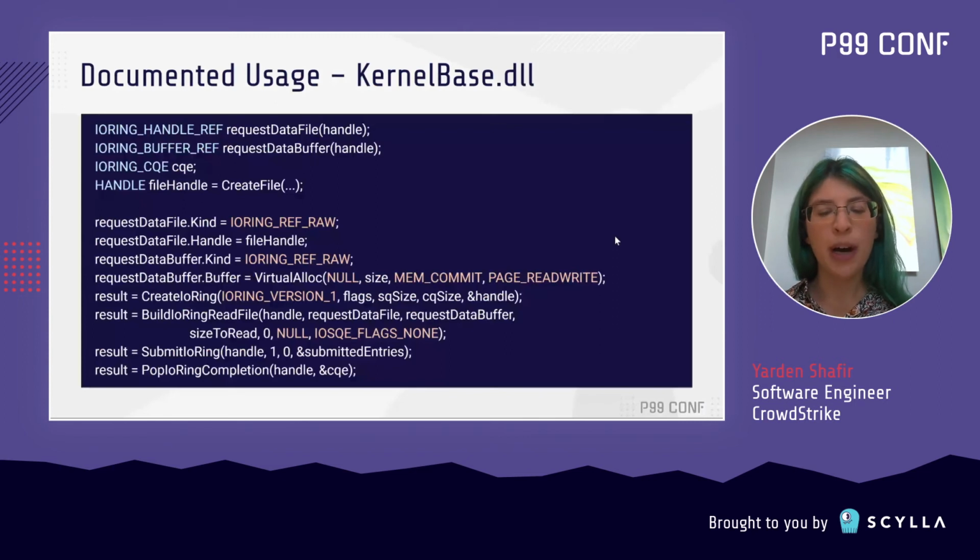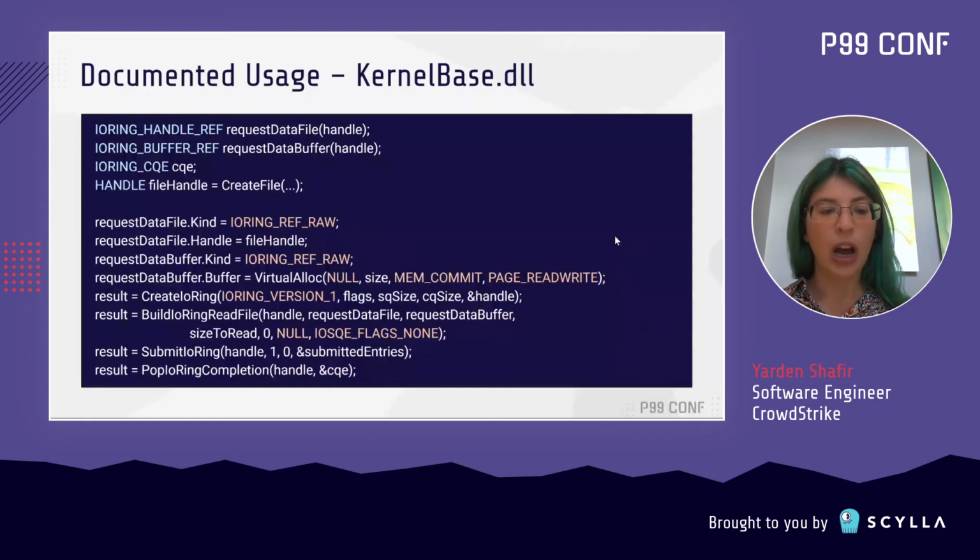Now, I won't talk about the system calls, which are the undocumented way to use that, because you technically shouldn't be using system calls directly. You should be using the wrappers. So the wrappers are implemented in KernelBase, which you can already use, even though MSDN hasn't documented that yet. So what you would do here is, this is simplified code.